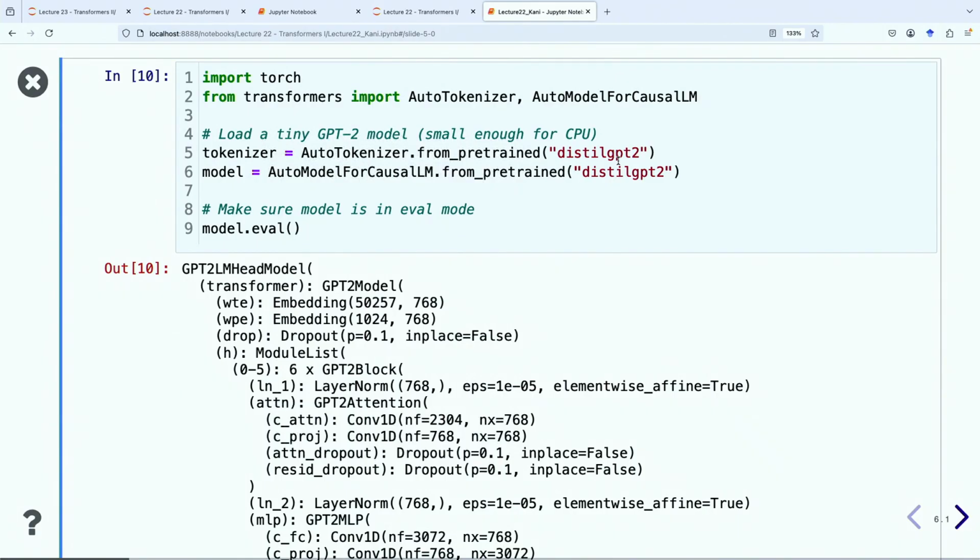So all we are doing is asking PyTorch to find this model and download it, and also download its tokenizer. Okay, so each model has a particular tokenization scheme. The tokenizer is simply a PyTorch object that looks at some tokenization scheme and converts text into tokens.